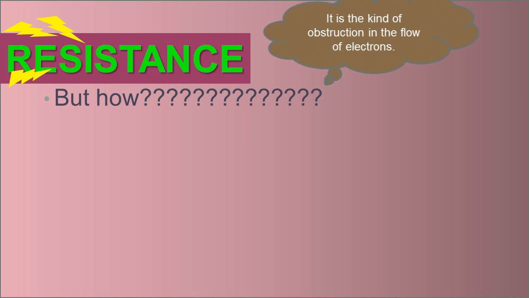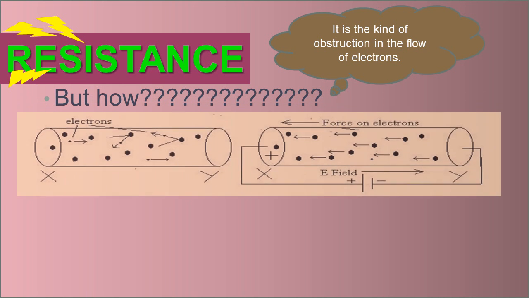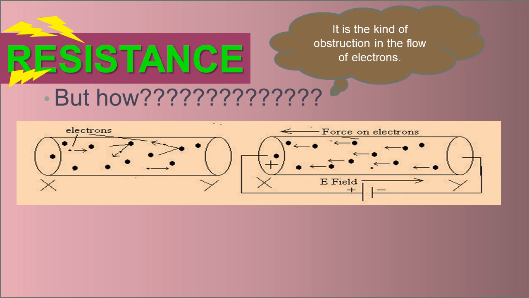What is resistance? The first question which comes to mind: what is resistance? In simple language, resistance is a kind of obstruction in the flow of electrons. Let's take this view. We have one wire, and when the wire is simply placed, the electrons inside it are in random motion. They are colliding with each other, following a zigzag path, and colliding with the walls of the wire.